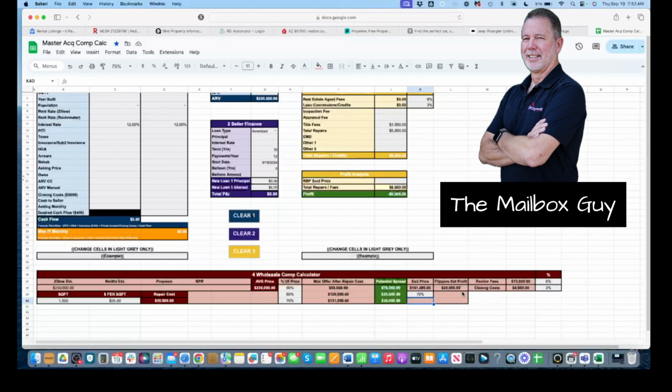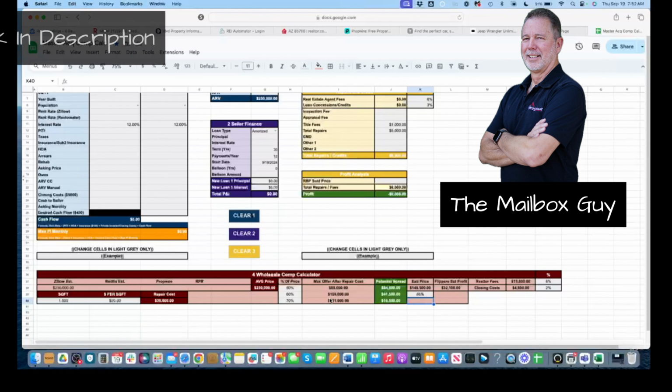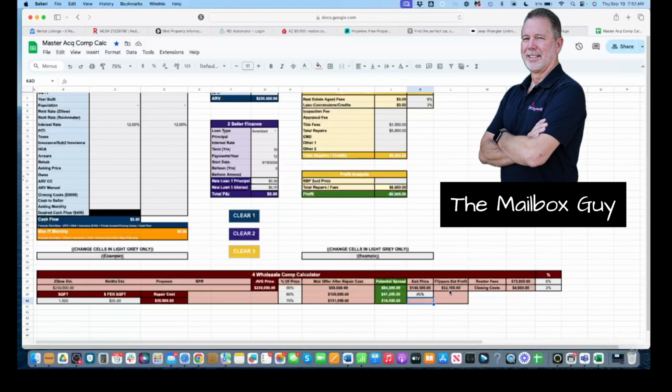Maybe we want him to have a little bit more meat in the game, so maybe we go 65%. Now he's at 32, and we're still at 18 if we buy it at this number. So for our own calculations, if we buy it at 60%, if we can buy this sucker at $108,000, that's a deal. Dispo should be able to sell that sucker all day long.